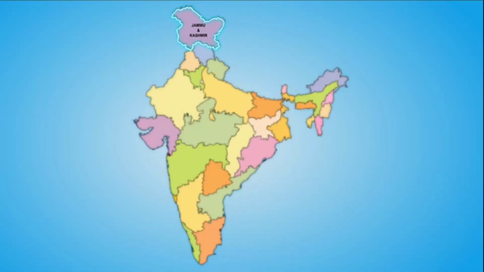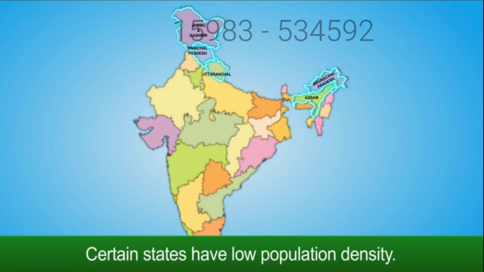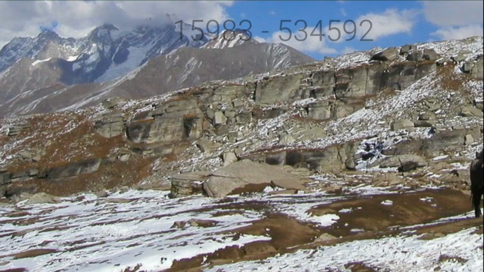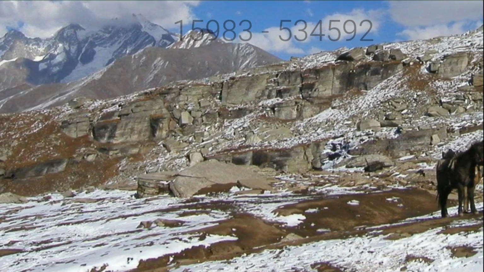The states of Jammu and Kashmir, Himachal Pradesh, Uttaranchal, Arunachal Pradesh, Assam, and others have population densities below 250 persons per square kilometre. What could be the reason for low population density in these areas? Rugged terrain and unfavourable climatic conditions are the main reasons for the sparse population in these areas.